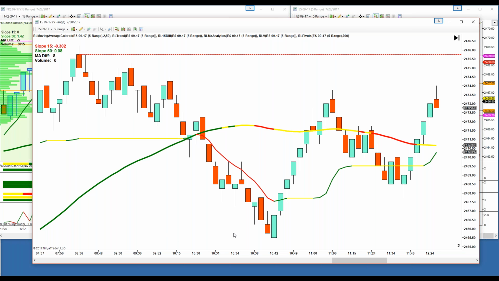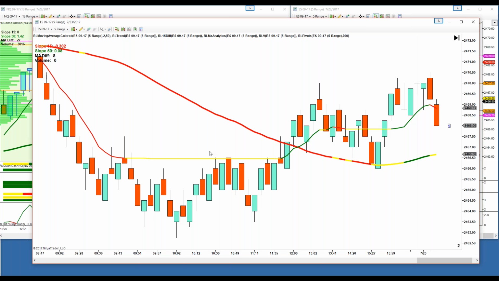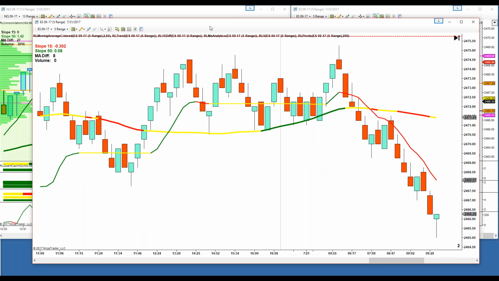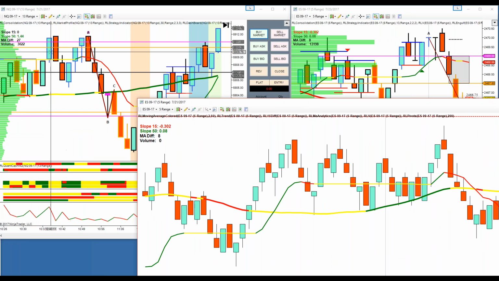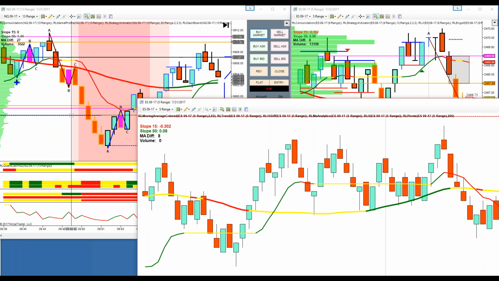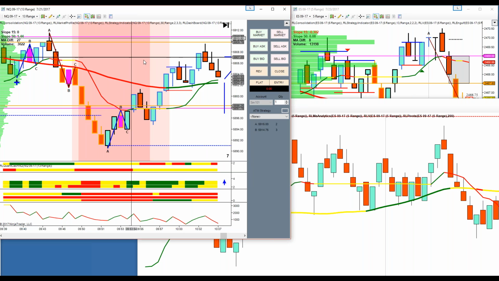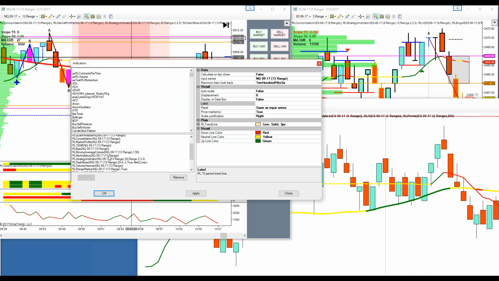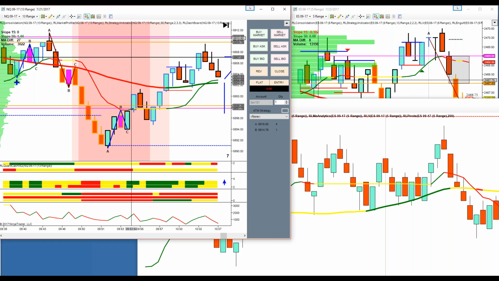On a pivot acting as support, it will change when 2/3 of a candle body closes below it. We want to keep that pivot indicator on a sensitivity. This is a full chart. Pivot is set to 200.